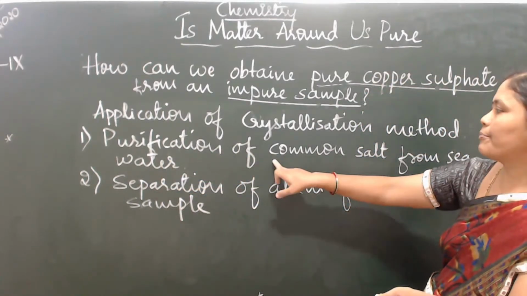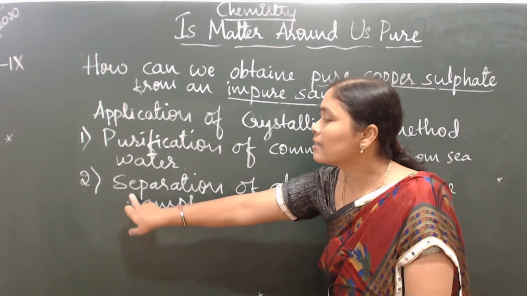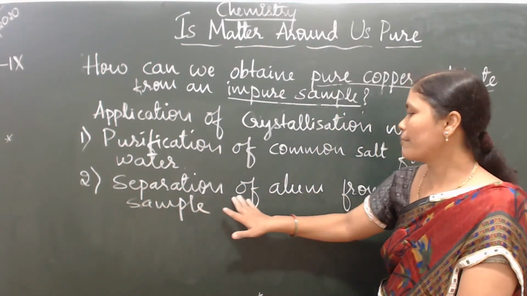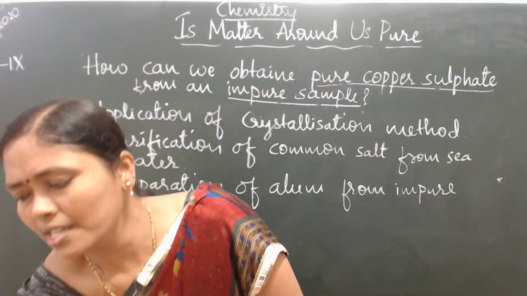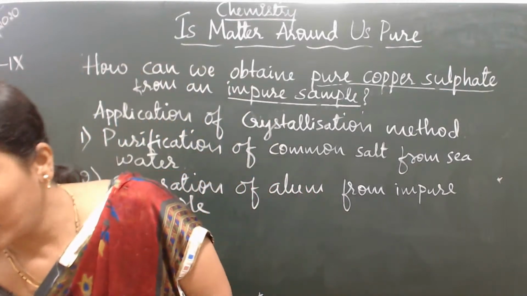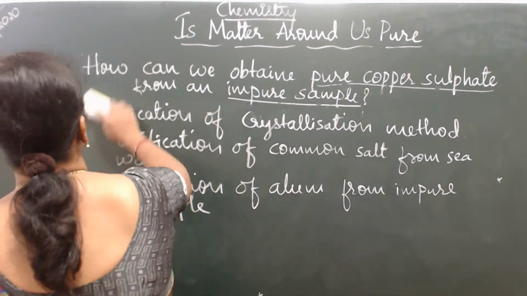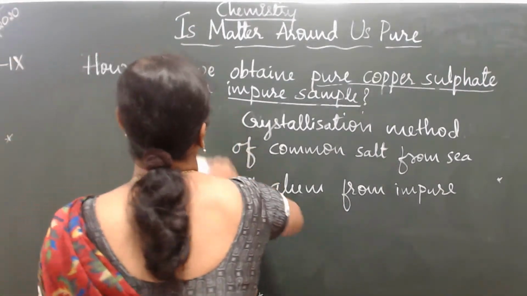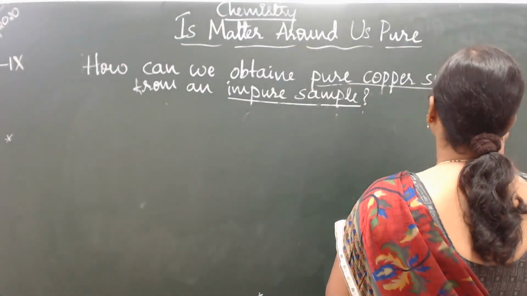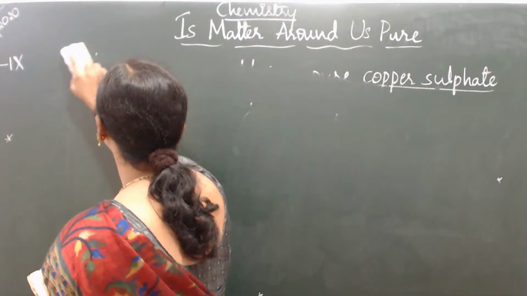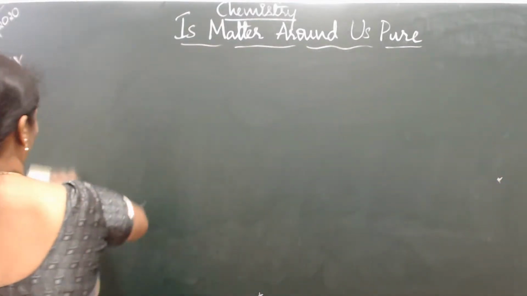It is used in the purification of common salt from seawater, and it can also be used in the separation of alum from an impure sample. So these are the applications you can write. So how do we get pure copper sulfate or a pure solid? With the help of the crystallization method.